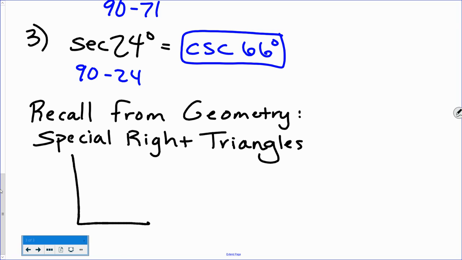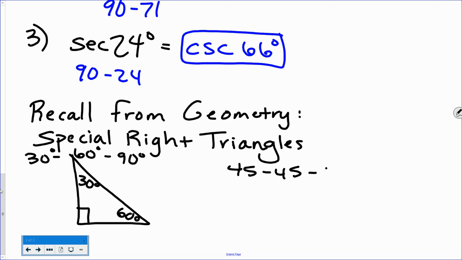You had your 30, 60, 90 triangles. All right, so if this is 60 degrees, this is 30 degrees. And then you had your 45, 45, 90 triangles. So these are both 45 degrees with a 90-degree angle.